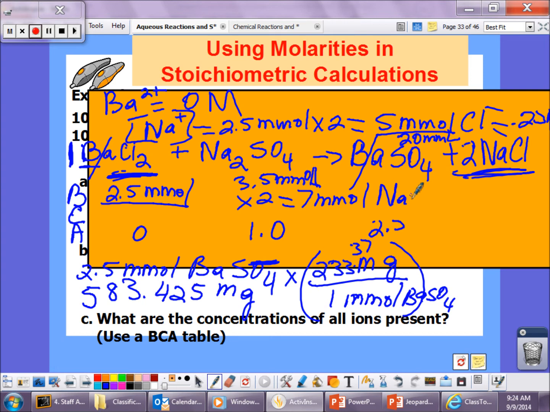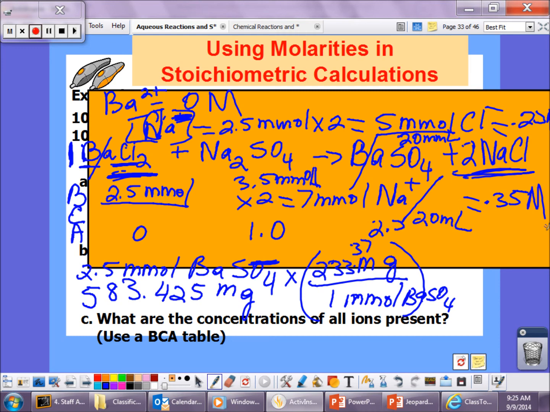I wrote sodium earlier, but that one was chloride, Cl minus. This one is the sodium ion. It is 7 millimoles of sodium ion, and I need to divide this also by the total volume, which is 20 milliliter. This is 7 divided by 20, which gives me 0.35.